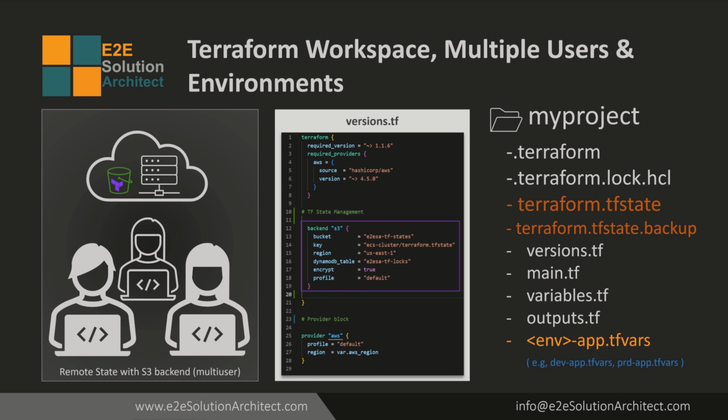Suppose you have two environments, one is dev, another is production. For production, your variable values will be completely different. You will create two separate tfvars files, basically two files having the same set of variables with different values for different environments. Now let's proceed.